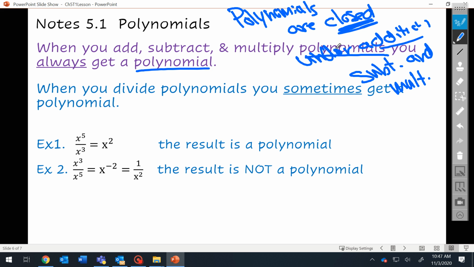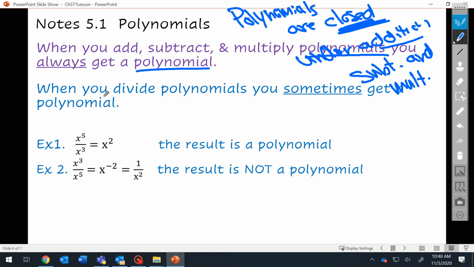That's called closure. When you add a polynomial to another polynomial, you get a polynomial. When you subtract a polynomial from another polynomial, you get a polynomial. And the product of two polynomials, you multiply a polynomial by another polynomial, you get a polynomial. So polynomials are closed under those three operations.